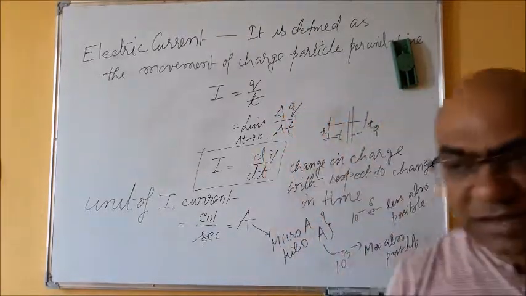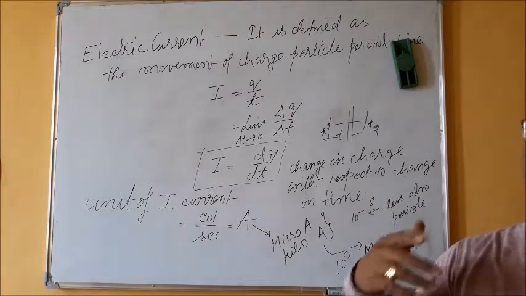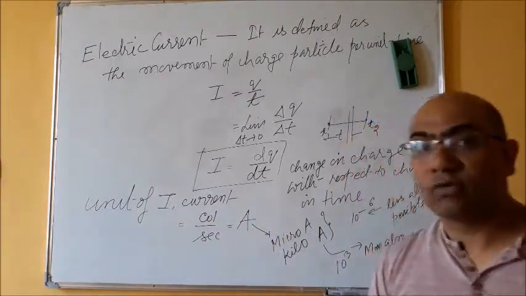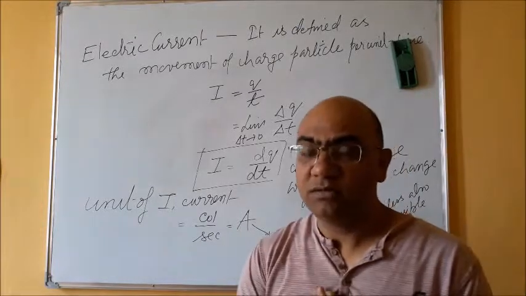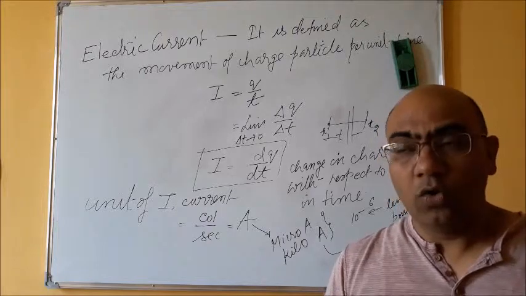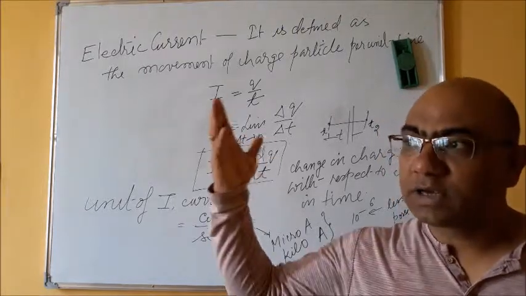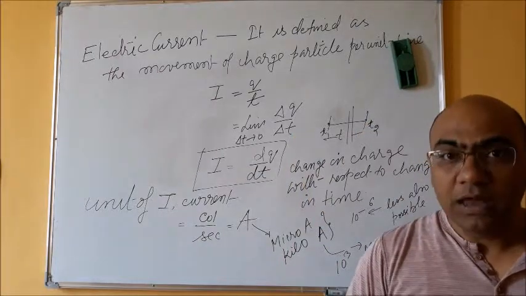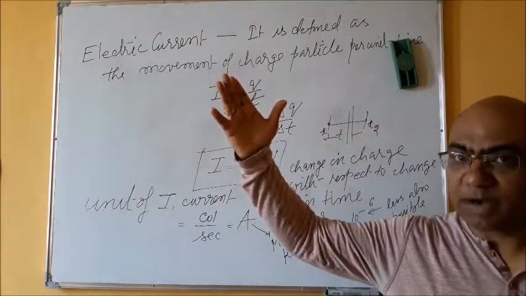So what are the examples when the current will be in the range of kiloampere or microampere? You have seen the thundering conditions of the clouds. When there is a storm, the clouds strike each other and produce lightning, and this lightning has charged particles.